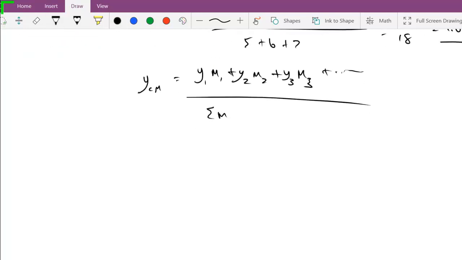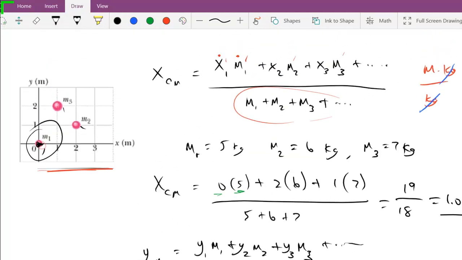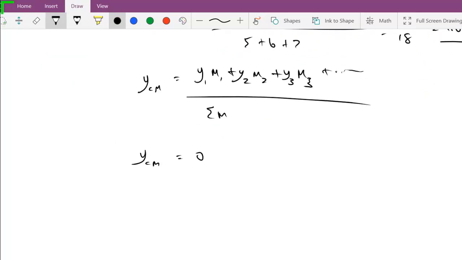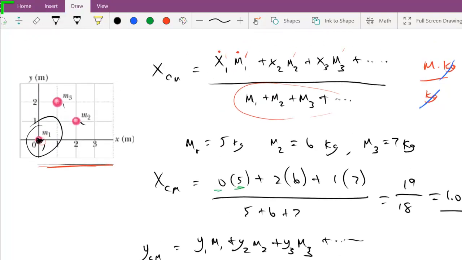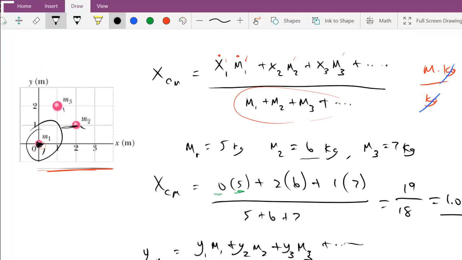So the y center of mass for this one is going to be, the y coordinate of mass 1 was 0. So this is 0 times 5, plus the y coordinate of point 2 was 1, and the mass of 2 was 6. So plus 1 times 6, plus the y coordinate of point 3, which was 2, times the mass of 3, which was 7.